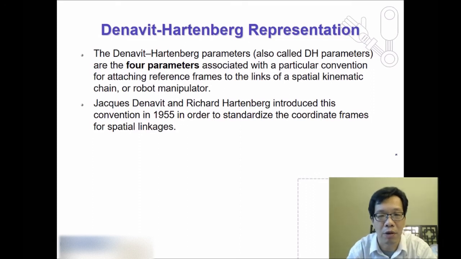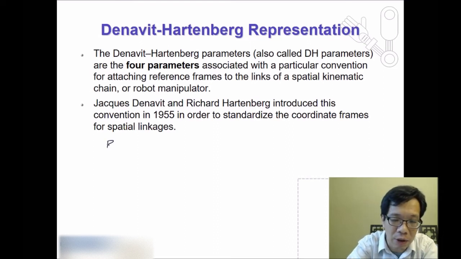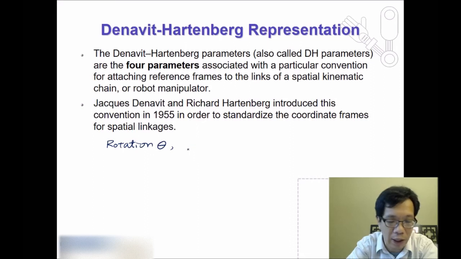Those four parameters are divided into two groups. The first group is the coefficient of the robot, and the second group is the coefficients between two joints. And they correspond to rotation, which is theta, and distance between joints, that is going to be defined as d.